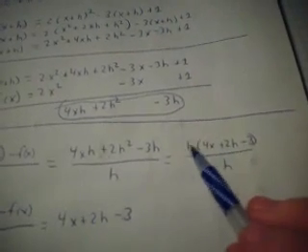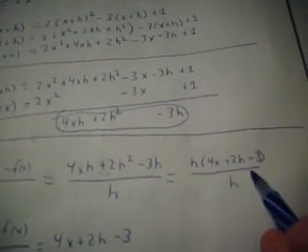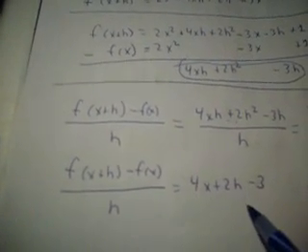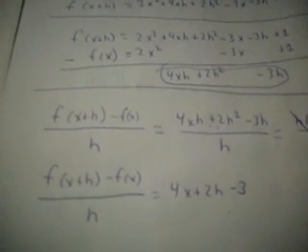So now we have h times 4x plus 2h minus 3, divided by h. Well, we cancel the h's out, just like that. And now, this equation right here is the equation for our secant line. But we haven't even talked about tangent to a curve, which we're going to talk about in the next video. So stay tuned.